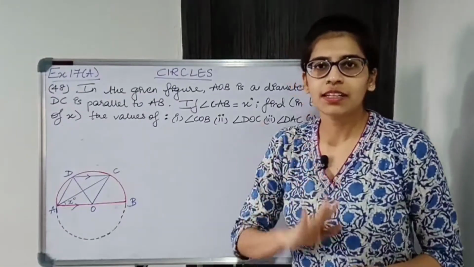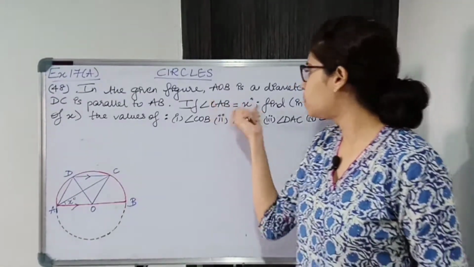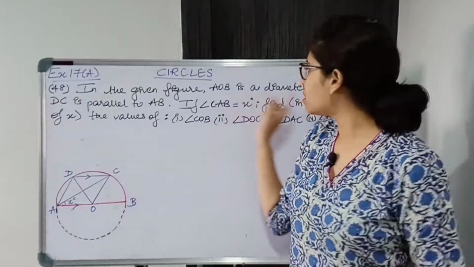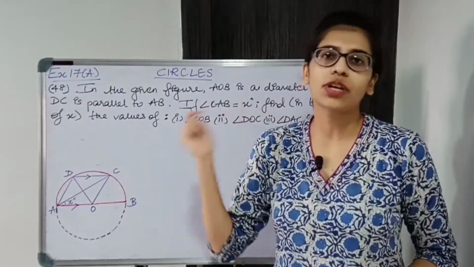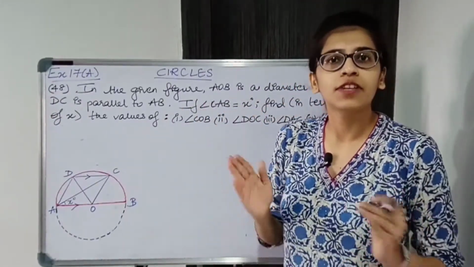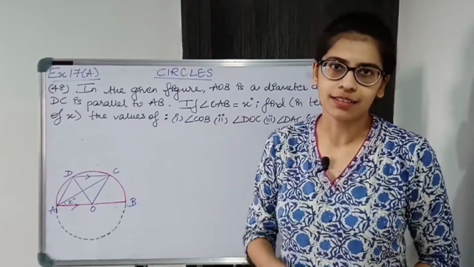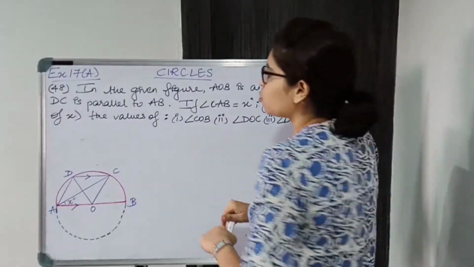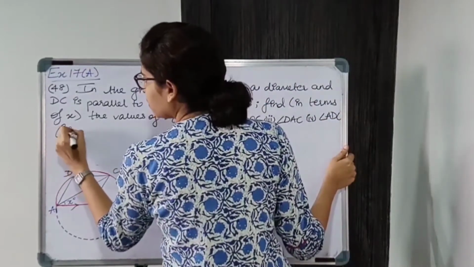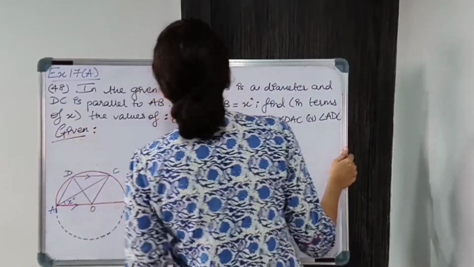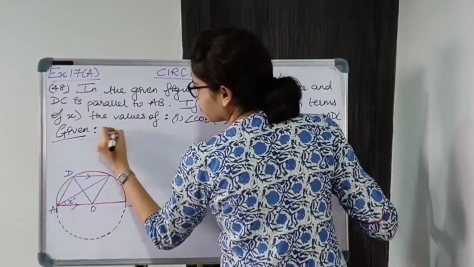There are four angles that we have to find and we are given angle CAB is x degrees. Okay, and there is some other information given. So first let us write down the given so we can figure out how to find the angles. Given: AOB is the diameter.